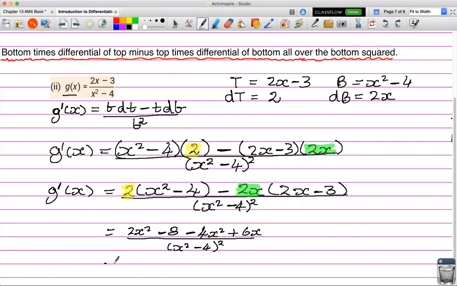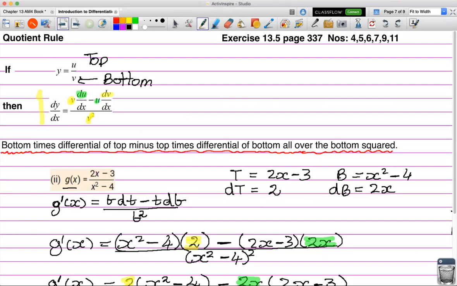And then all we've got to do now is finish off. So the answer is minus 2x squared plus 6x minus 8 all over x squared minus 4, all squared. And I think you'll be pleased to hear that that is the end of the activity.